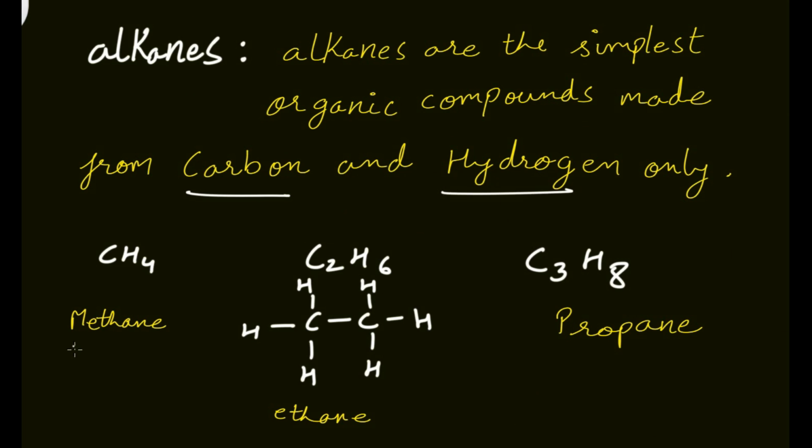Examples are methane, ethane and propane. If you look at the structure and the formula, you will find that only carbon and hydrogen are used in different numbers or in certain ratios. Alright, so alkanes are the simplest organic compounds made up from carbon and hydrogen only.